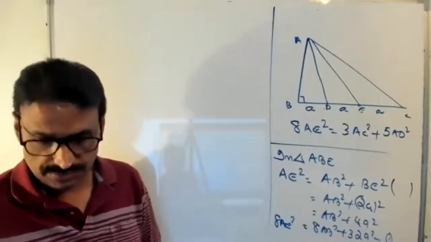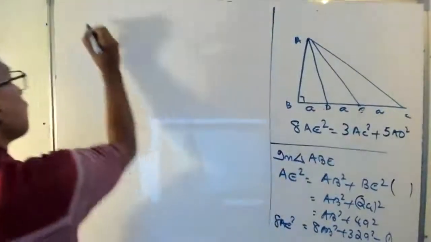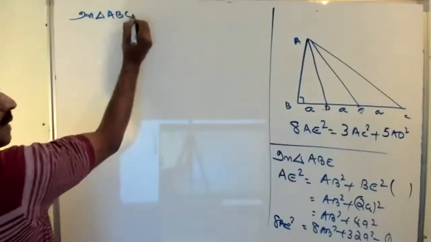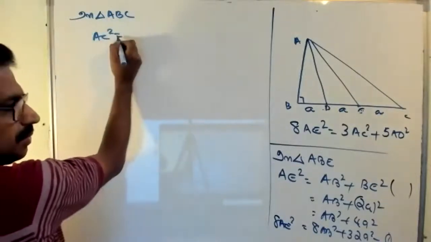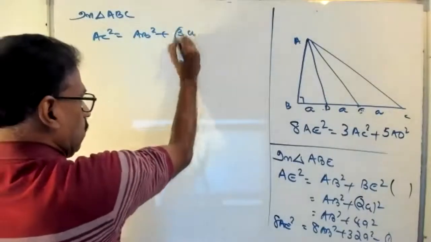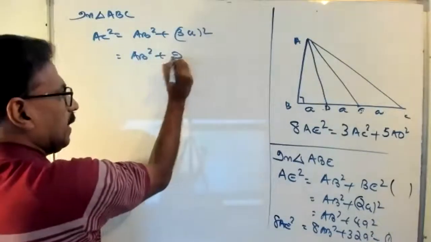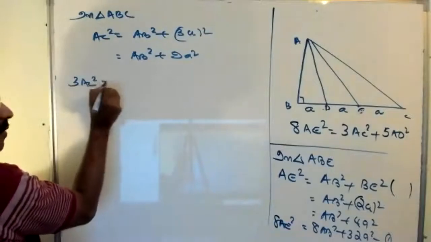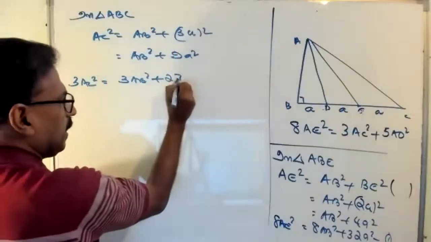32A square. First one. Then now we want AC square in triangle ABC. AC square equal to AB square plus 3A whole square. So that is AB square plus 9A square. 3AC square equal to 3AB square plus 27A square.